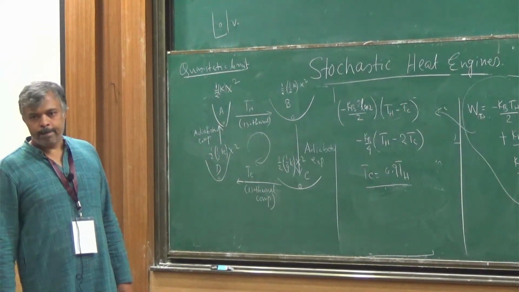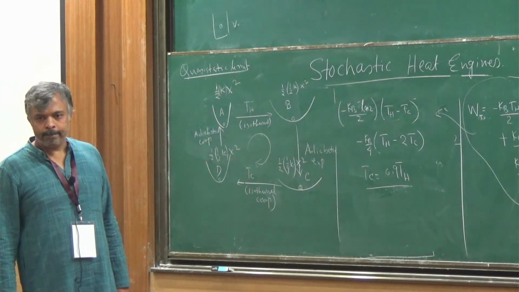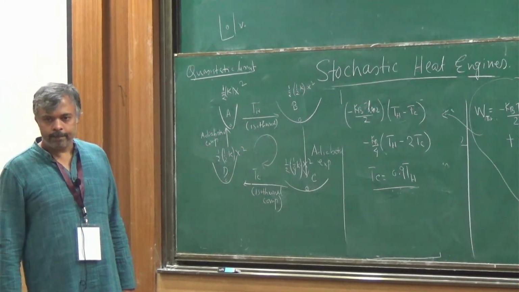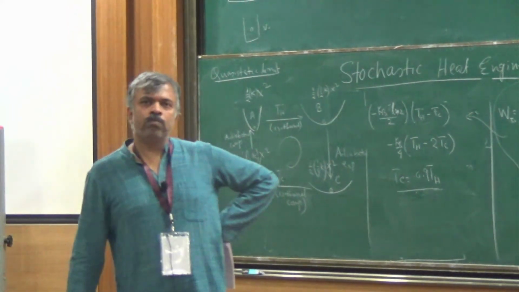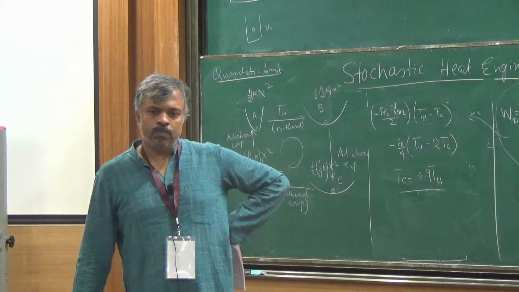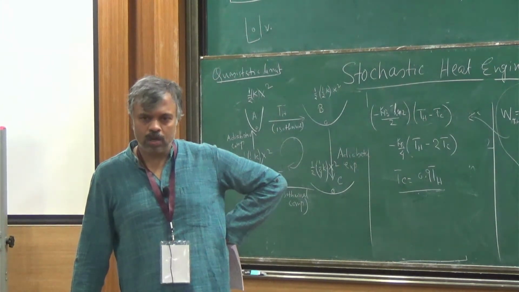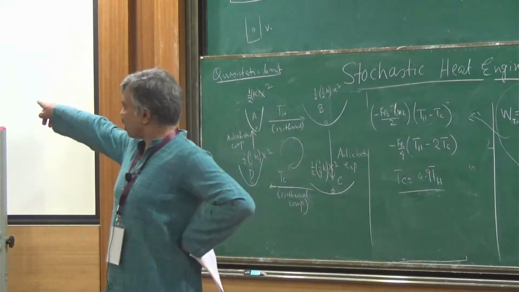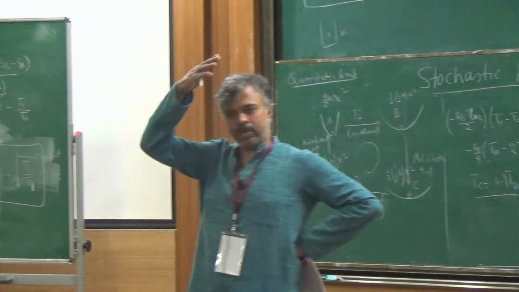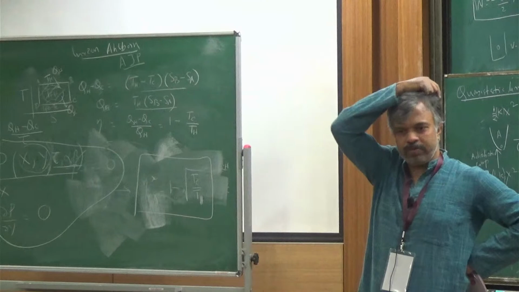But I'm confused. If you just draw the PV diagram of any two isotherms and adiabats, you'll always get some finite positive area. How can it be negative? But this is also the case here, right? In the macroscopic case there is also a PV diagram with a positive area, but then we get the negative work.